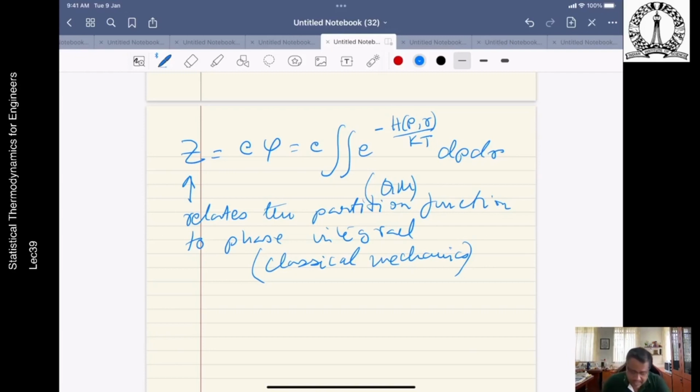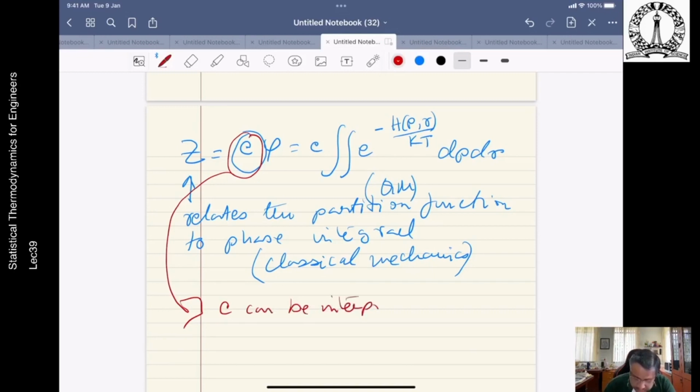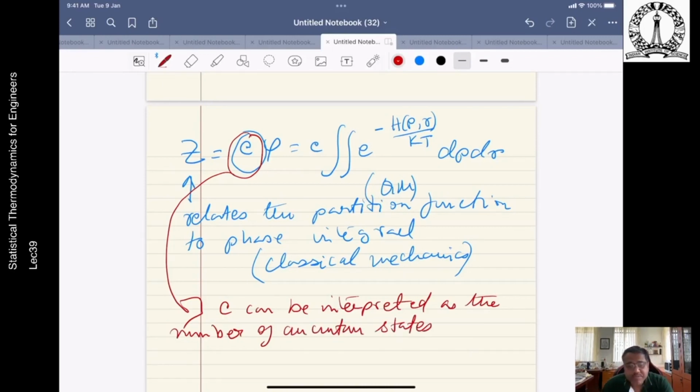So this constant C can be interpreted as the number of quantum states per area in phase space.